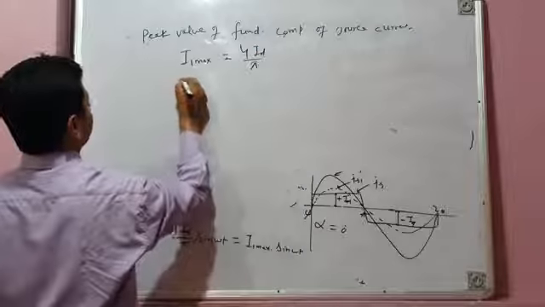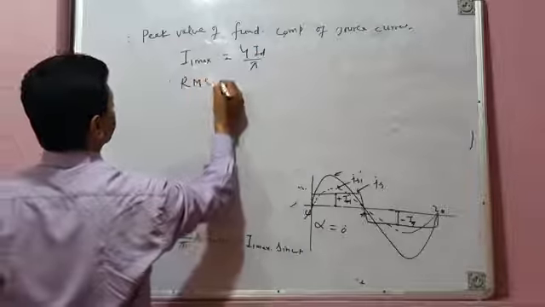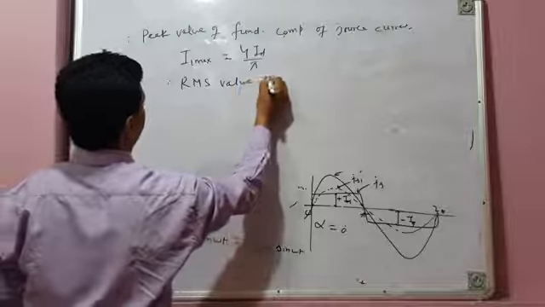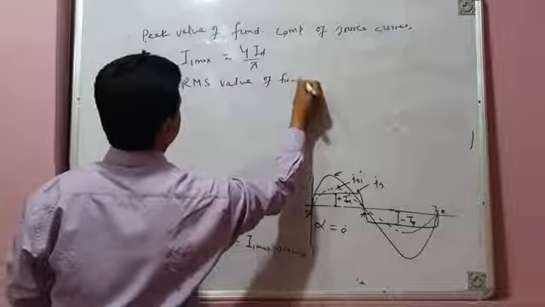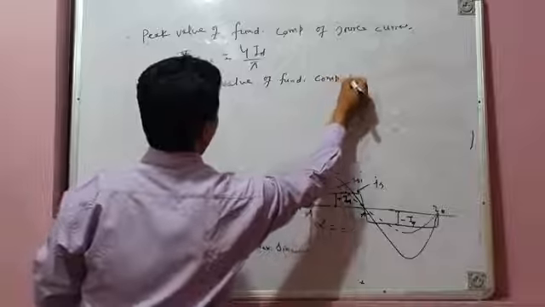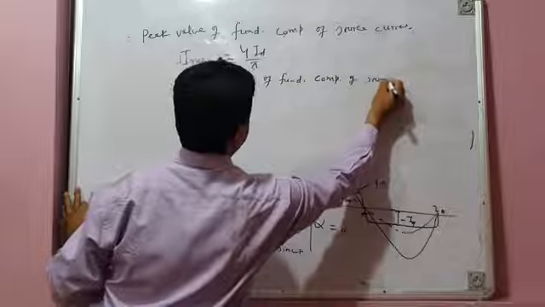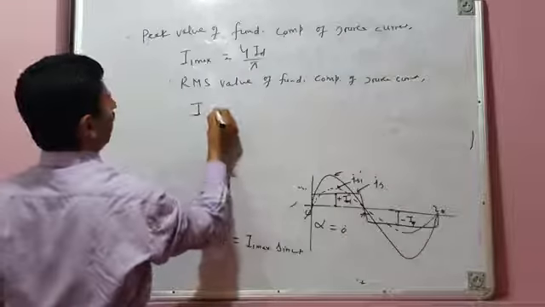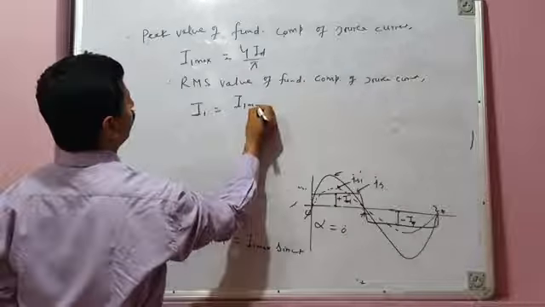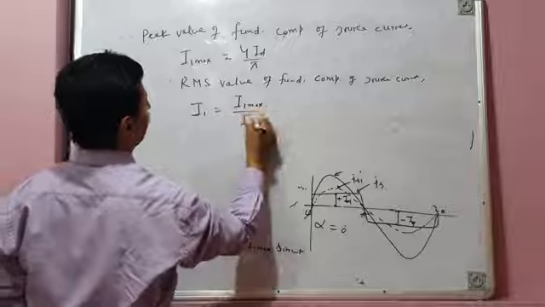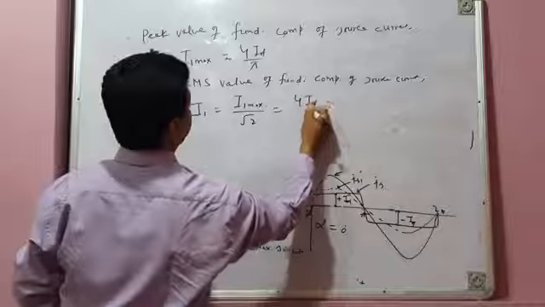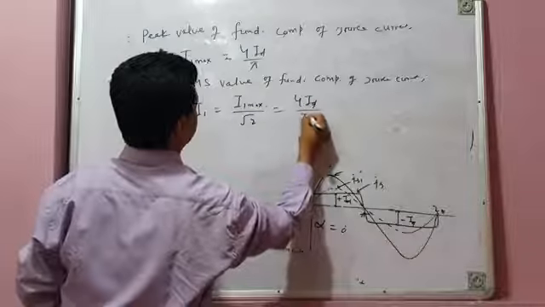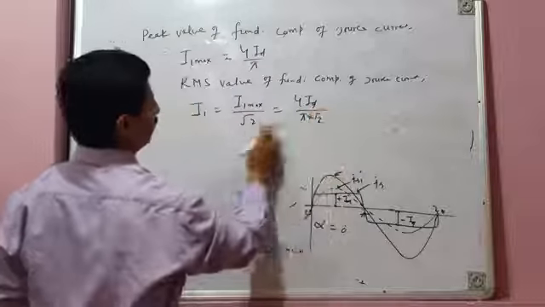What is the RMS value of the fundamental component of the source current? Let us denote it by I1. It is the peak value divided by root 2, I1 max by root 2. Your I1 max is 4ID by pi, divided by root 2.